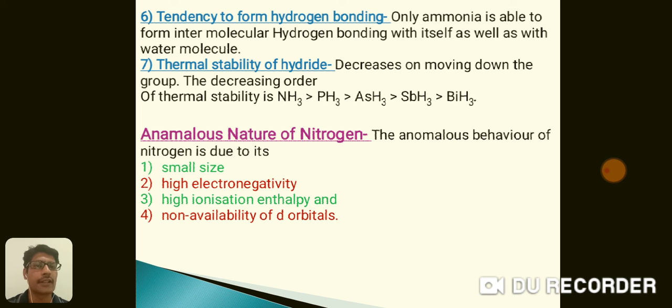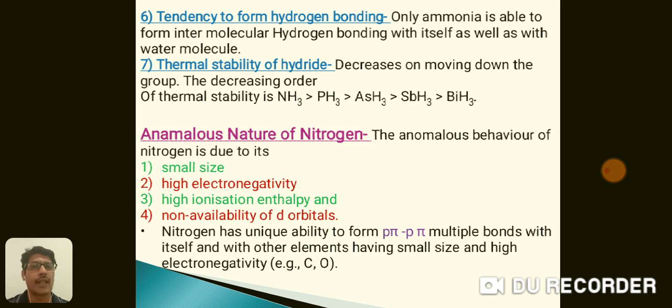As we know, nitrogen does not contain d orbitals because it is from the second period of the periodic table. Nitrogen has a unique ability to form p-pi multiple bonds with itself and with other elements having small size and high electronegativity.